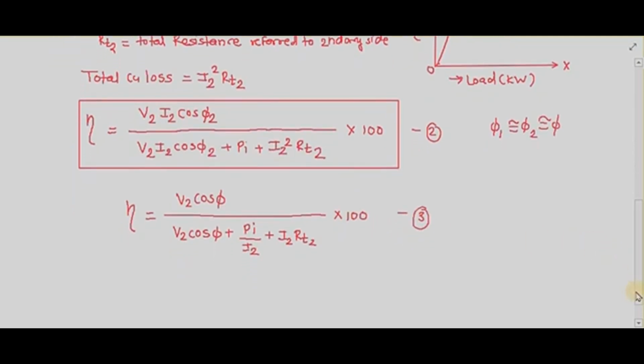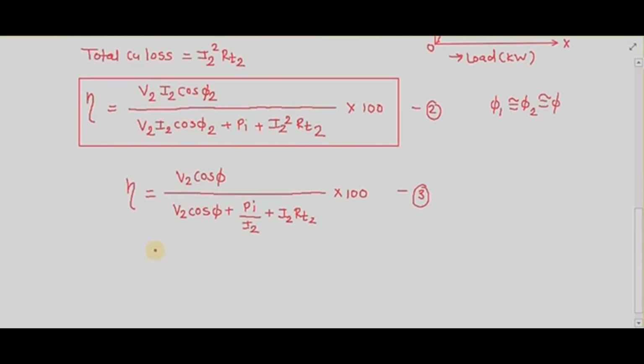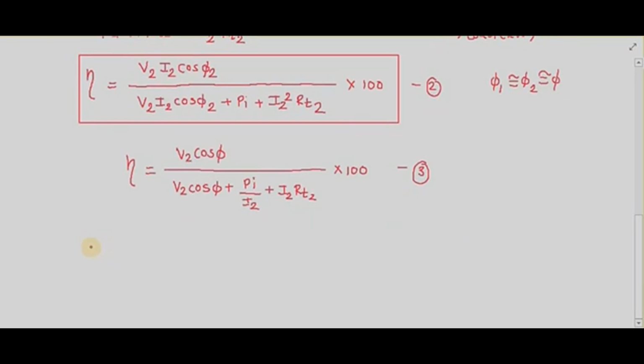If the secondary terminal voltage is assumed to be constant, then for a given load power factor cos phi, the efficiency will be maximum when the denominator of equation number 3 is minimum. This happens when I equate the derivative of the expression with respect to I2 to 0.